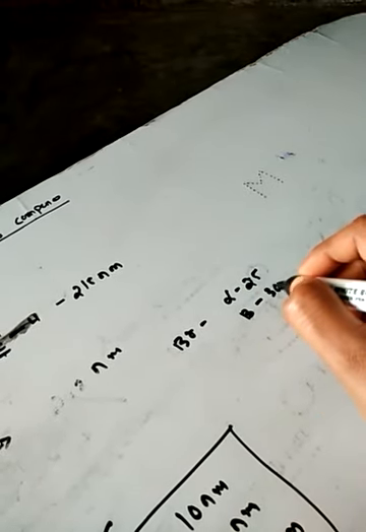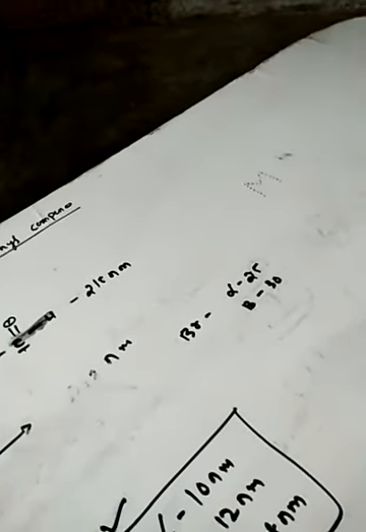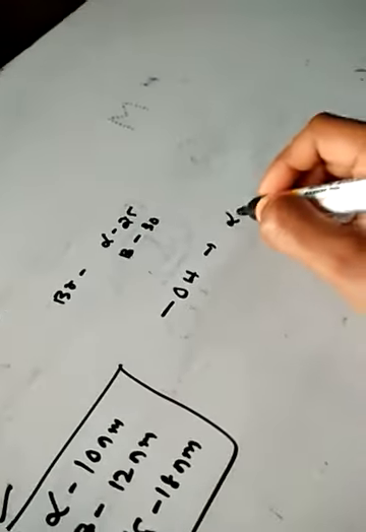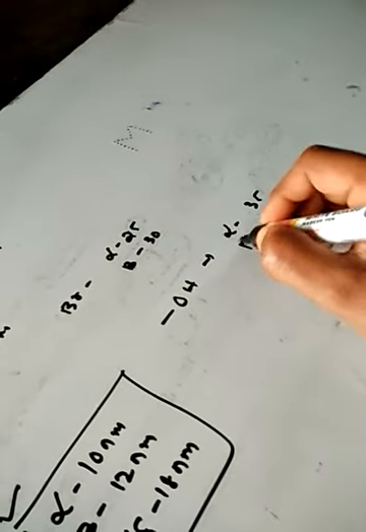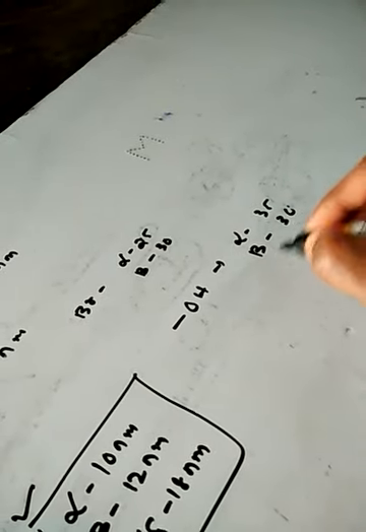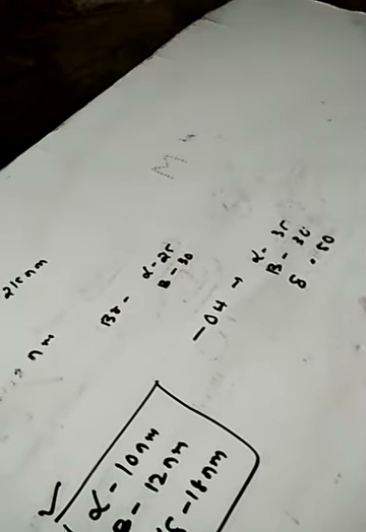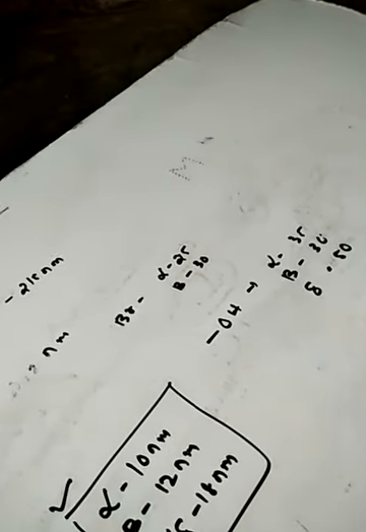If beta, this will provide 30. Similarly, chlorine, we have different values for different polar groups. Suppose OH hydroxyl group at alpha is 35, beta is 30, and delta is 50. This is the value.